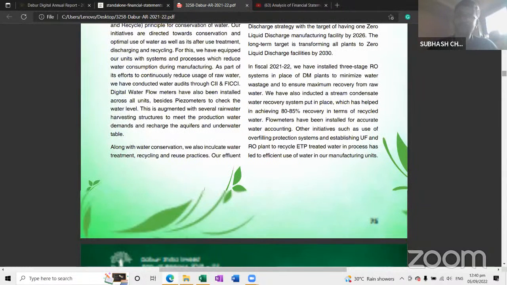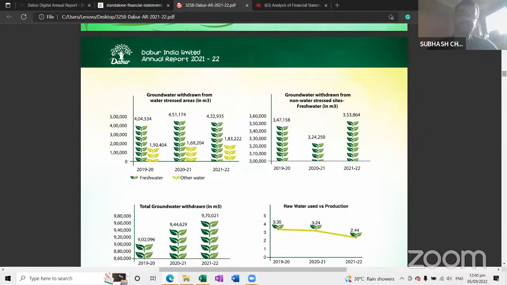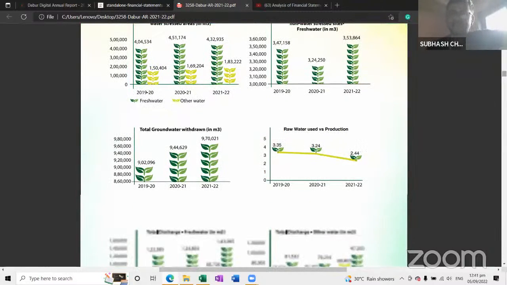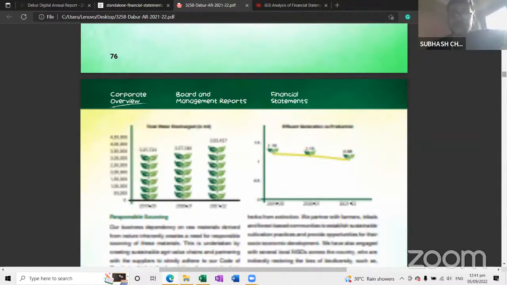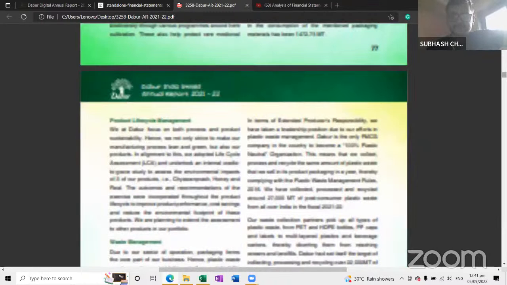See, the societal initiative or the environmental initiative is very helpful to the industry. So we should be very much concerned and focused on environmental safety and all, whether we are doing business or anything else. That will help us in the longer run.